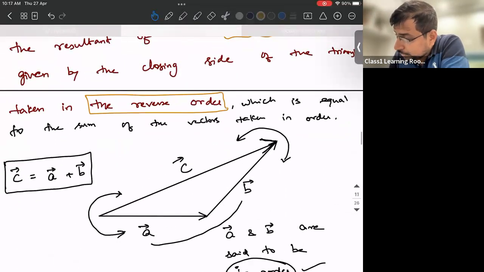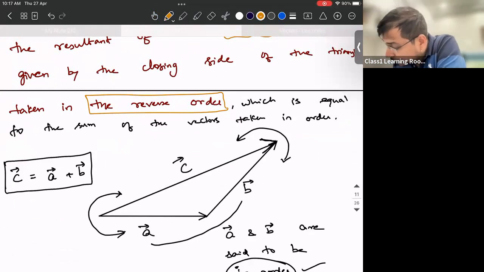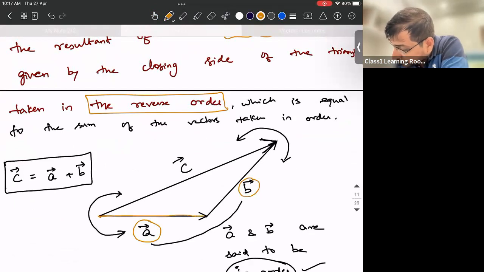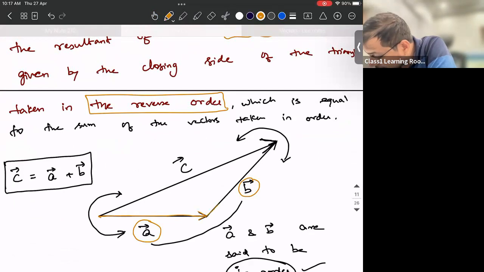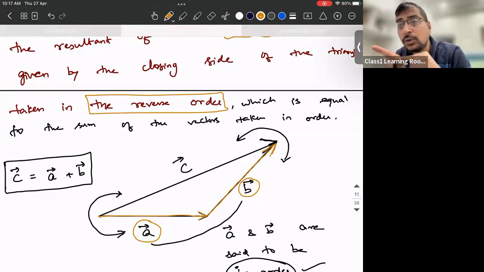If I give you two vectors A and B, and I take A vector and B vector like this, observe this. If you see A vector and B vector, they are said to be in order. Why did I say they are in order?